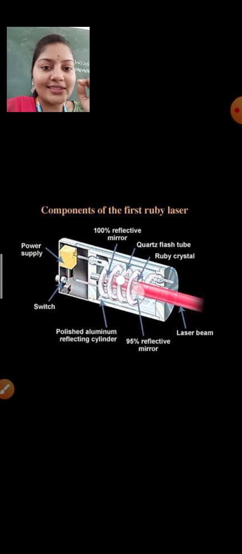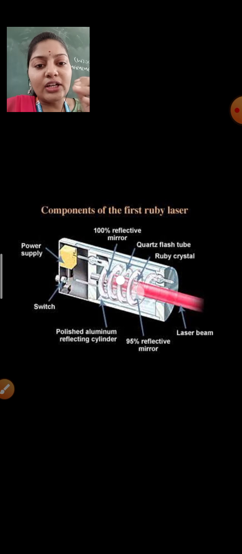Whenever you switch on the helical xenon flash lamp, the light emits photons. The photons from the light are incident on the ruby rod, and finally the process is done.